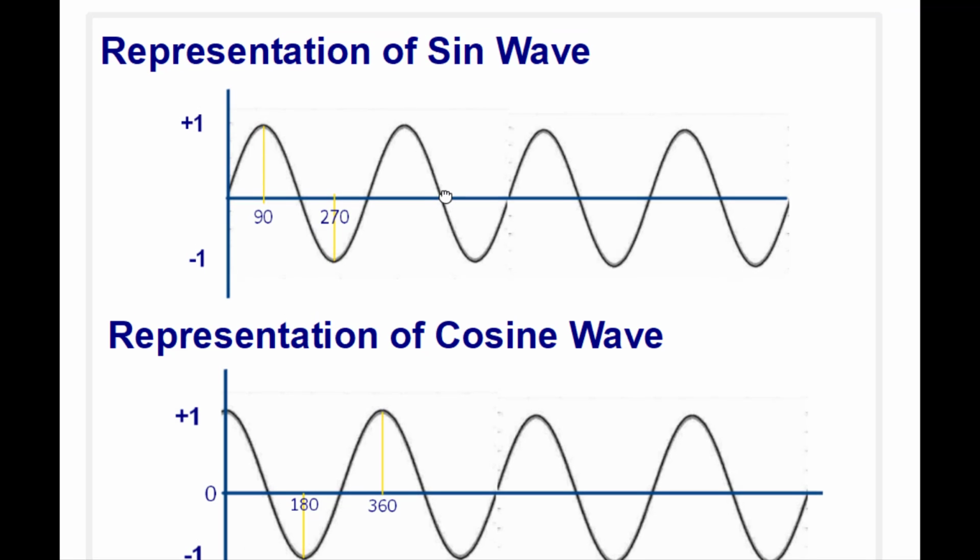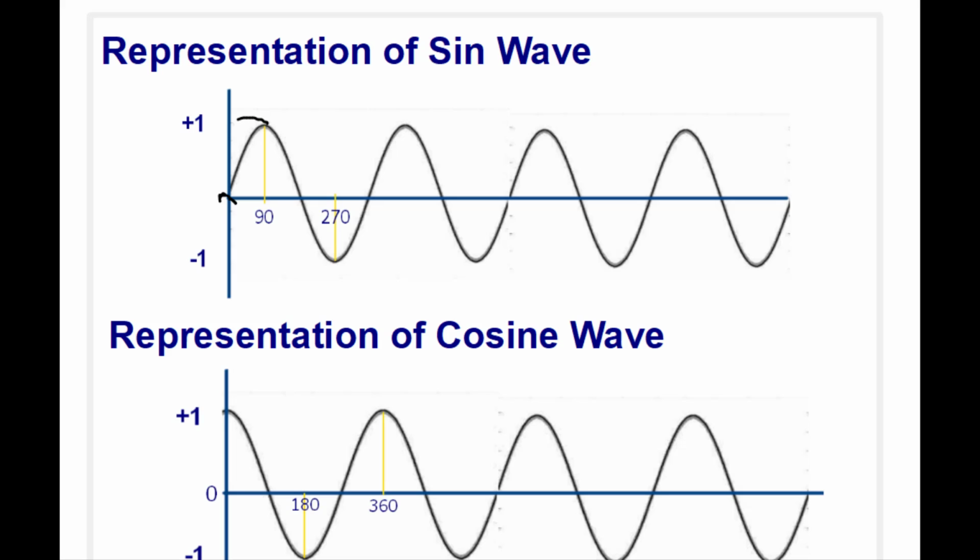Now we can easily represent an electromagnetic wave by using a sine wave. This is a sine wave. This wave starts from here. At this particular point sine 0 is 0, and sine 90 becomes 1.